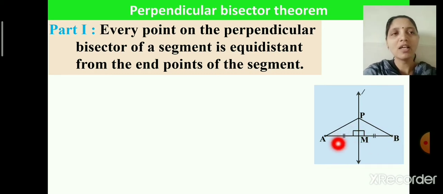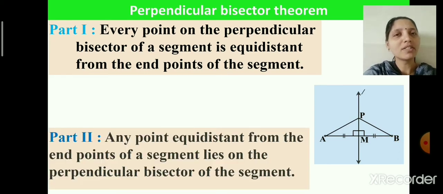Which are the two equal parts here? Segment AM and segment BM. Then if I consider any point on this bisector, let that point be point P, then this point P will be equidistant from the end points of this segment. That means PA is equal to PB.